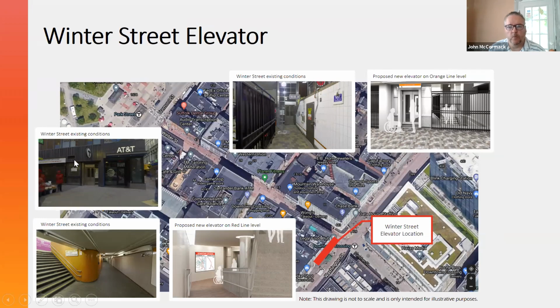This project will replace that elevator and extend it so that it also provides access down to the South Pedestrian Tunnel of the Red Line, access to the Red Line southbound, and access to the Orange Line southbound to Forest Hills.